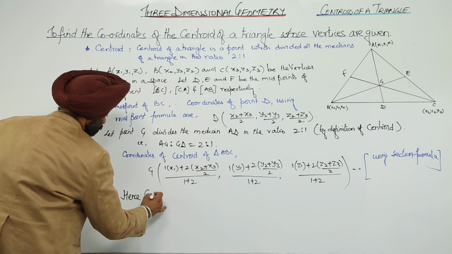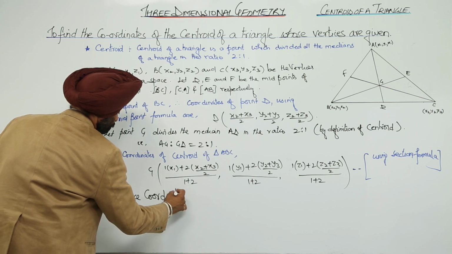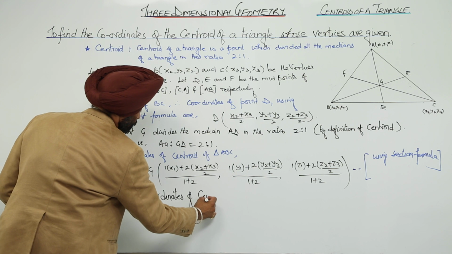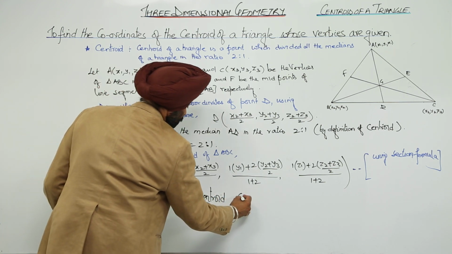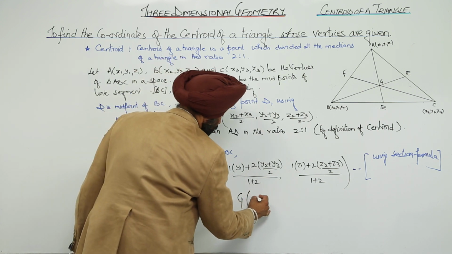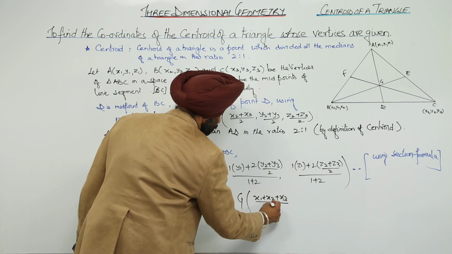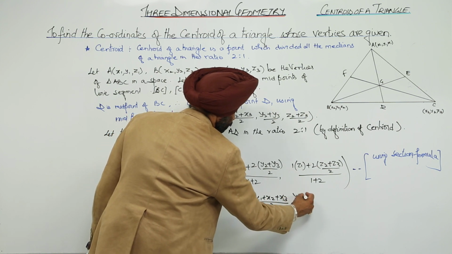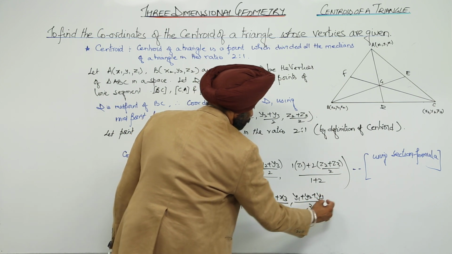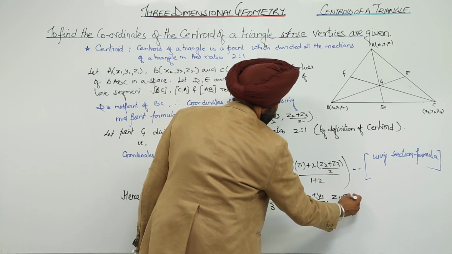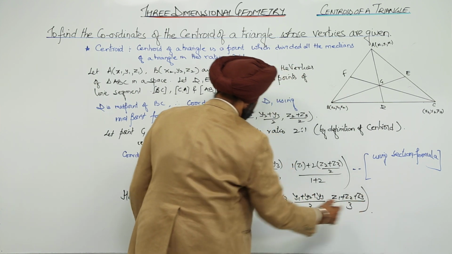Hence, the coordinates of centroid G are ((x1 + x2 + x3)/3, (y1 + y2 + y3)/3, (z1 + z2 + z3)/3).